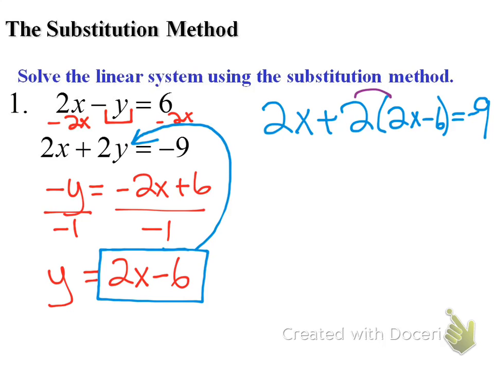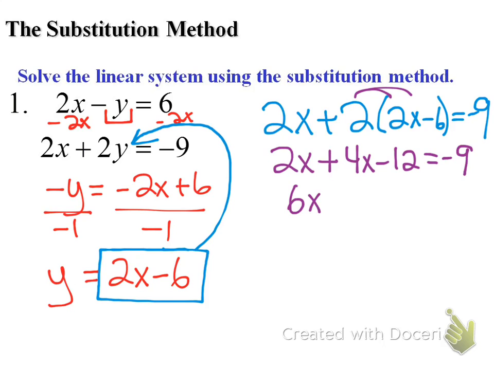All right, to solve this, we'd have to distribute. So we have 2x plus 4x minus 12 equals negative 9. All right, combine your x's. You get 6x minus 12 equals negative 9. Solve it from there.